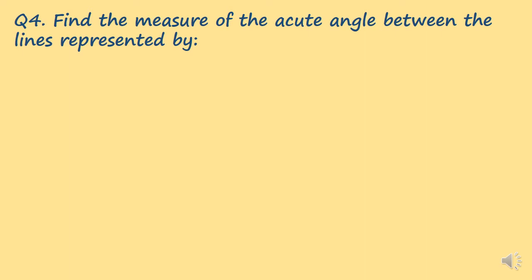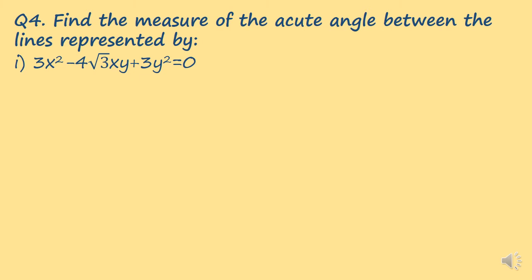So moving on, the next question here. Find the measure of the acute angle between the lines represented by, there are many questions which are given here. This may be the most important question of this exercise because almost every year a question is asked of this sort. The first equation is 3x square minus 4 root 3xy plus 3y square is equal to 0.